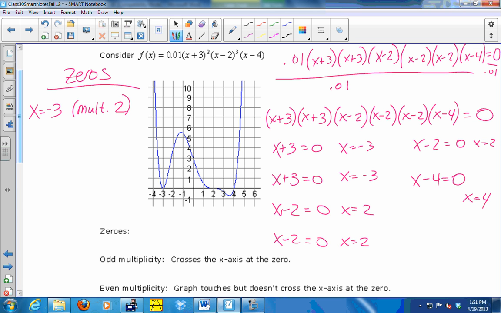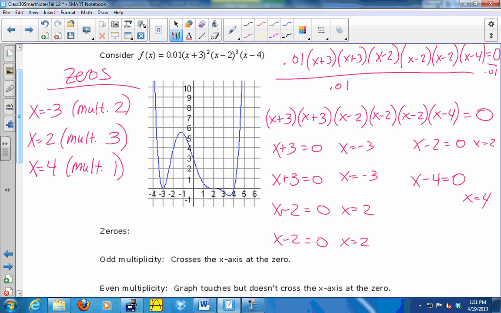X plus 3 was a factor twice, so x equals negative 3 is a 0 twice. And I would say x equals 2 has multiplicity 3. And x equals 4 has multiplicity 1. So that's what a multiplicity means. It's just how many times you get that 0 when you're solving.